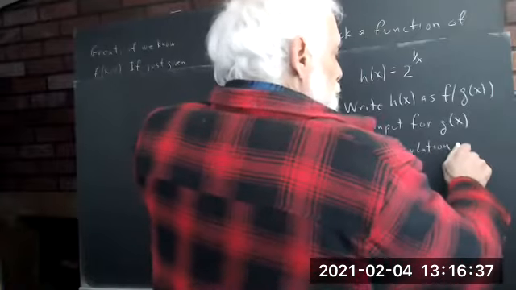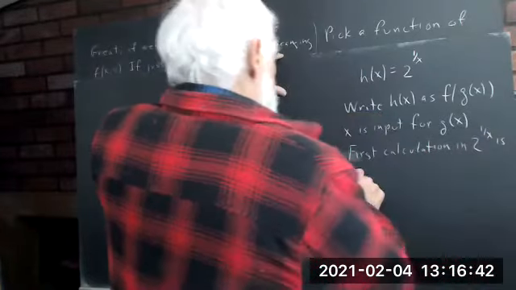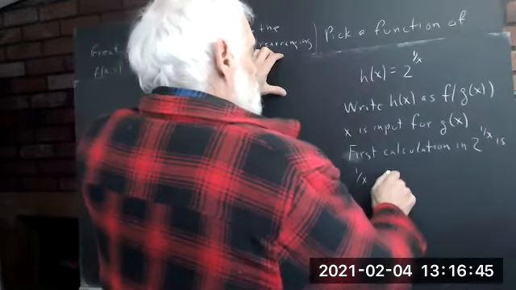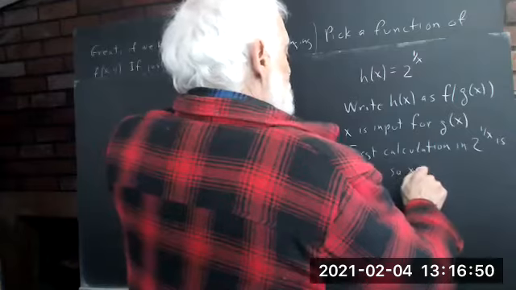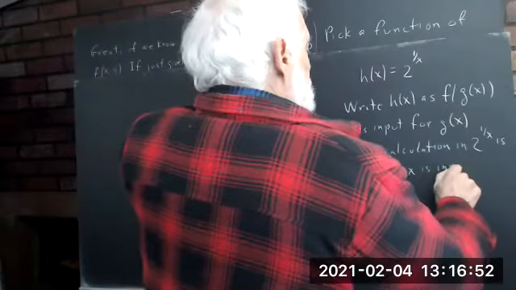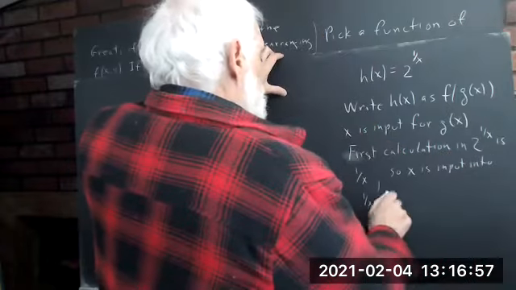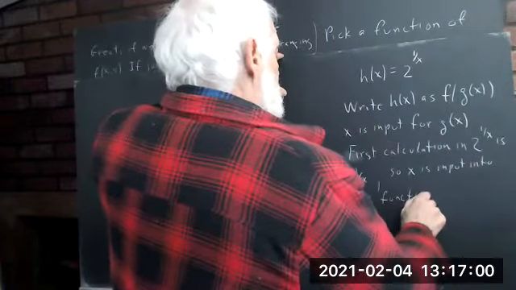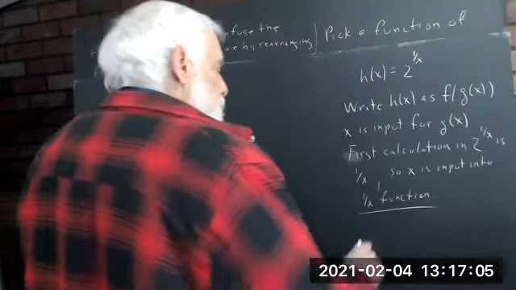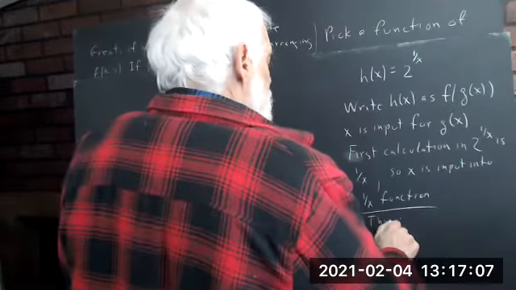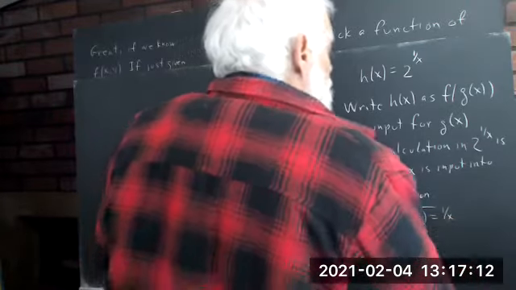So I'll say the first calculation in 2 raised to the 1 over x is 1 over x. So x is input into the 1 over x function. Thus, g of x is going to be your 1 over x.